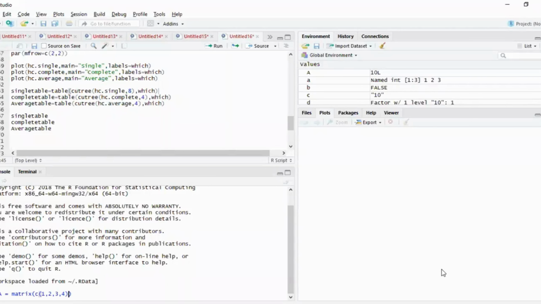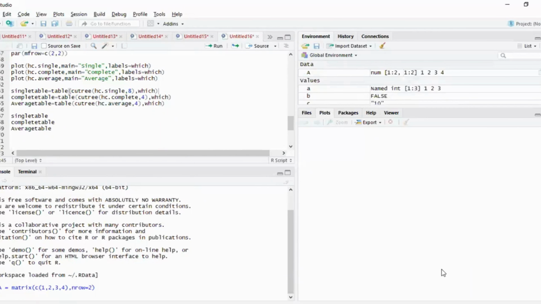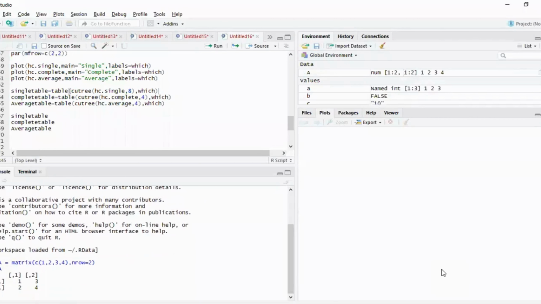Just to make you understand how you can create these things, I'm showing you this. Number of rows equals 2. So now A is created: 1, 2, 3, 4.